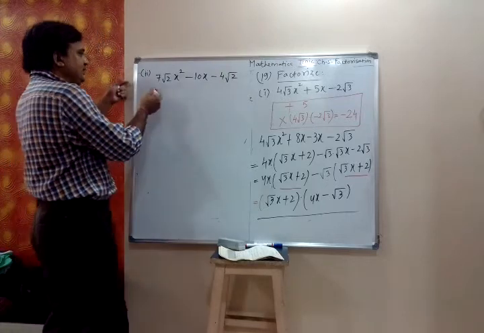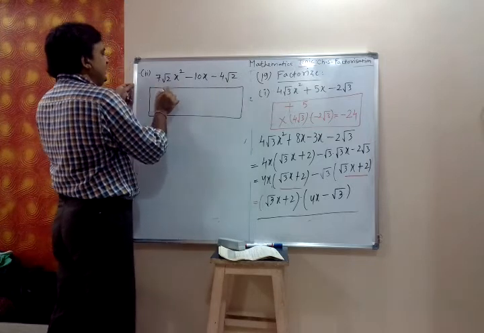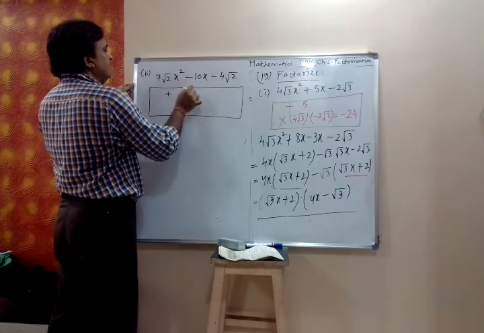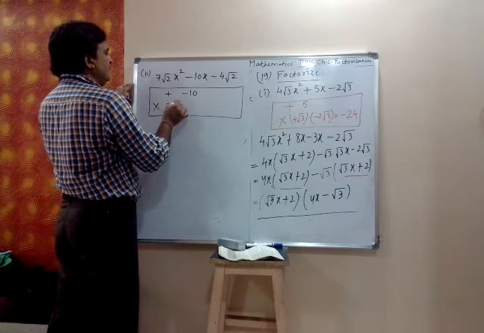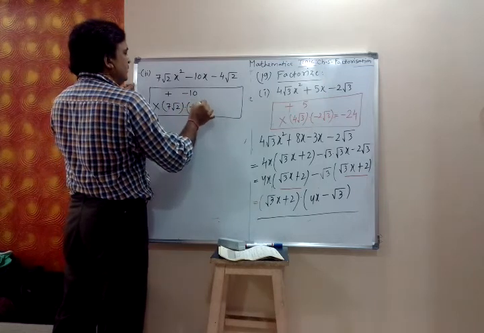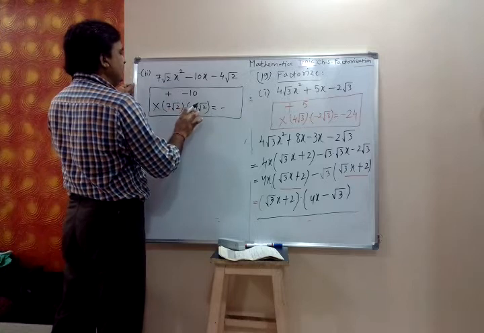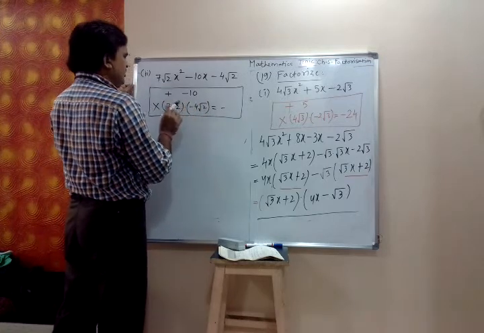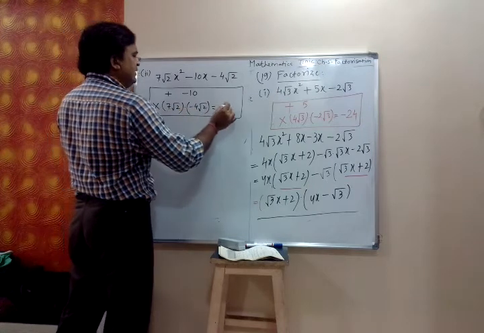So again you apply the same technique. Find two numbers whose addition is minus 10 and multiplication is 7 root 2 into minus 4 root 2. So plus into minus, minus, 7 into 4, 28. 28 into 2, 56.